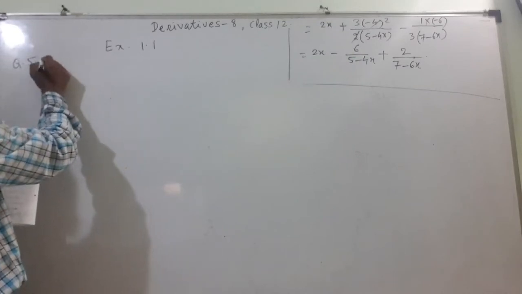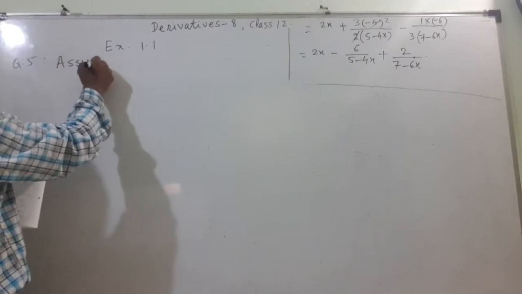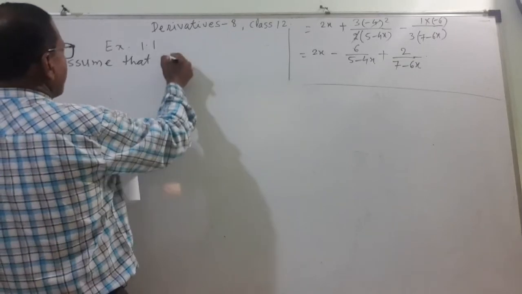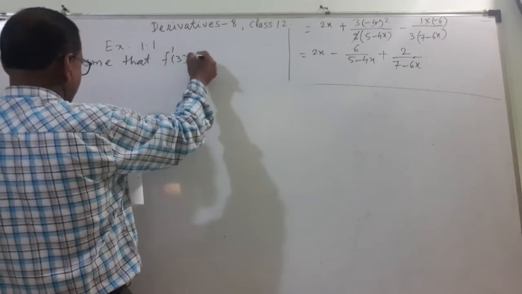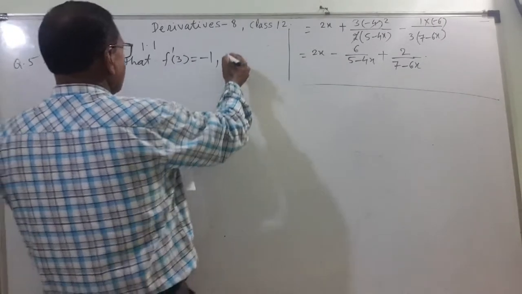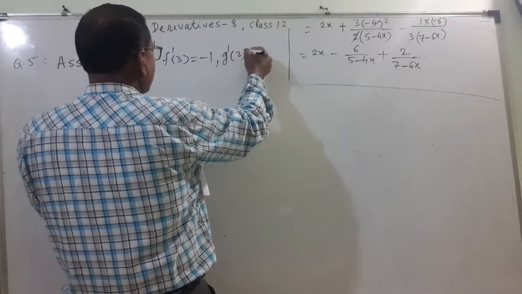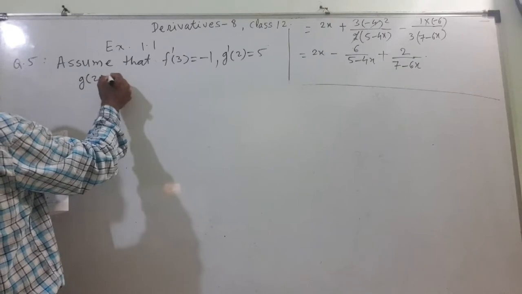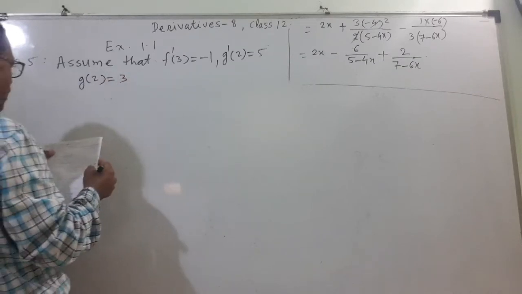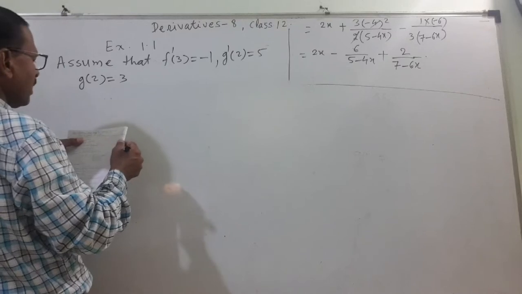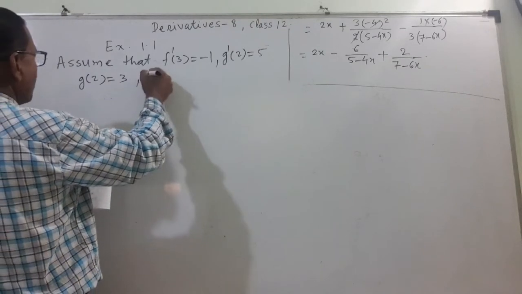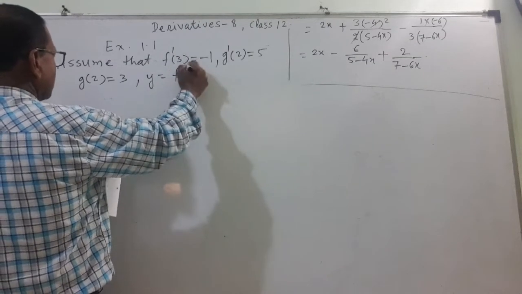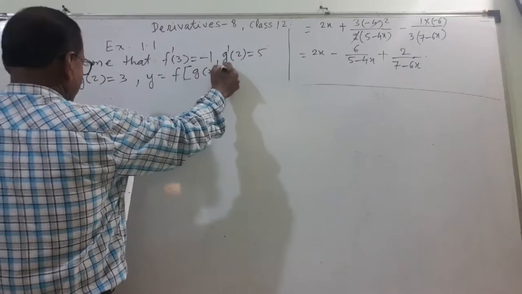Assume that f dash of 3 is equal to minus 1, g dash of 2 is equal to 5, g of 2 is equal to 3, and y is equal to f of g of x.